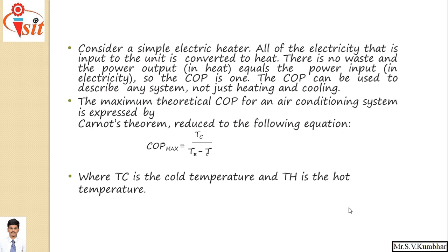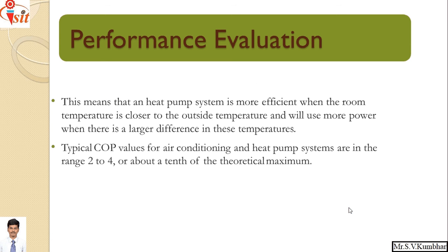The maximum theoretical COP of an air conditioning system is expressed by Carnot's theorem. That is, maximum COP is equal to Tc upon Th minus Tc, where Th is the highest temperature and Tc is the lowest temperature.